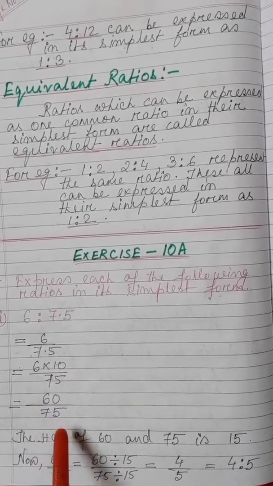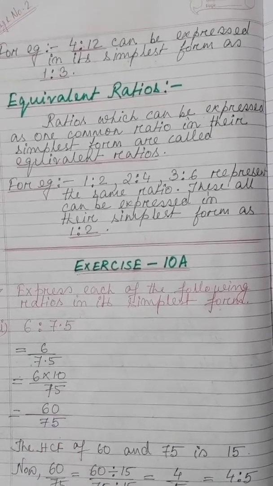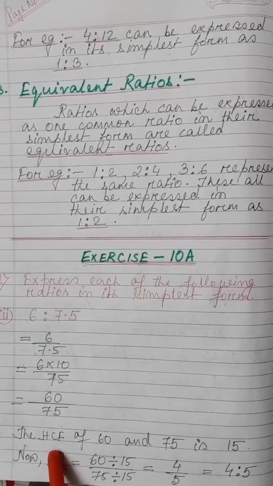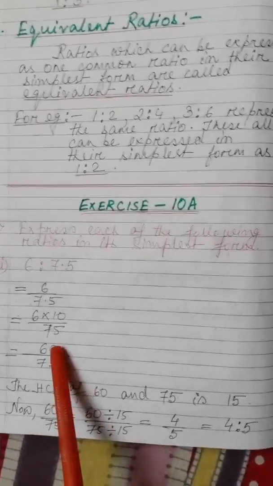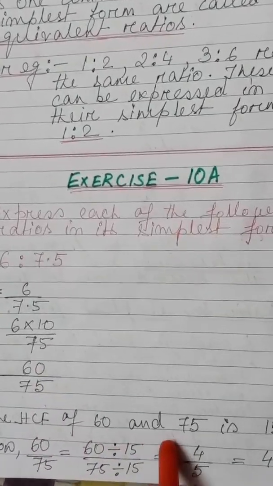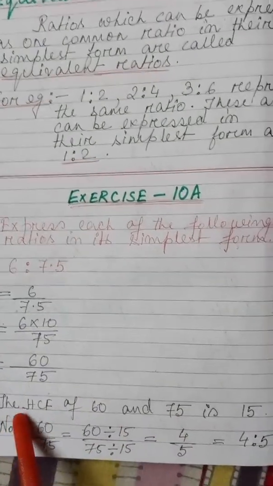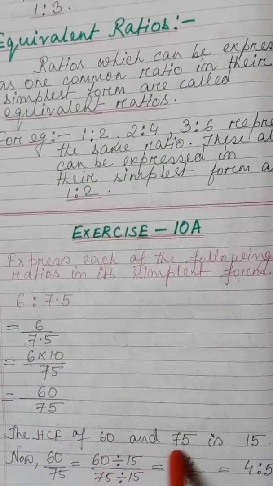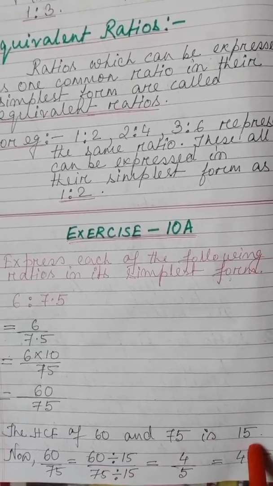Now, to express 60/75 in its simplest form, first we have to find the HCF of the two terms, 60 and 75. The HCF of 60 and 75 is 15.